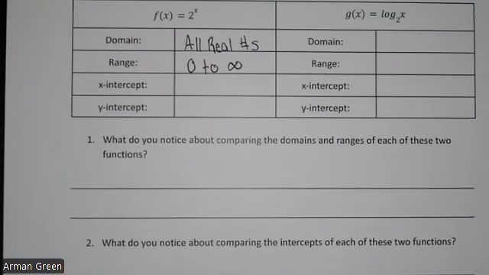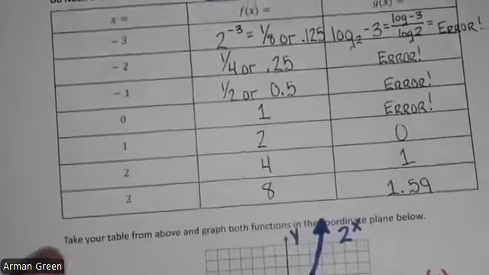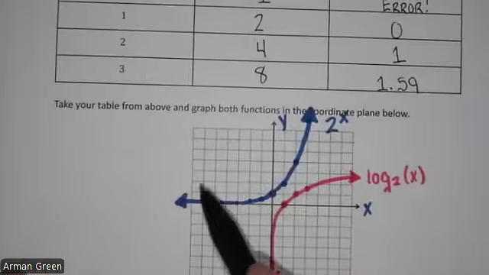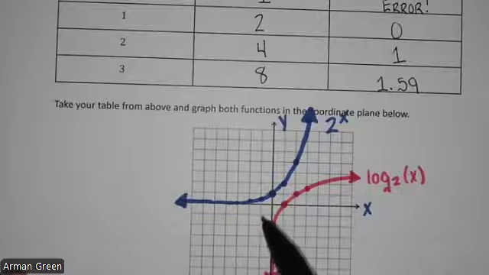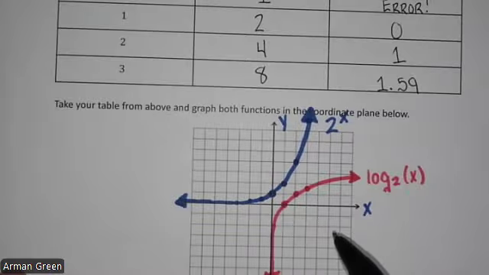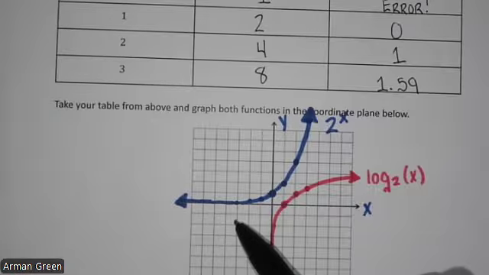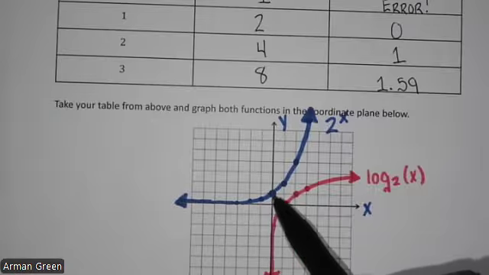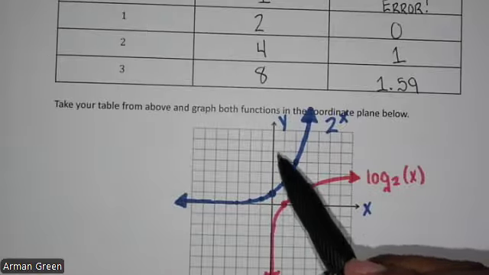Now, when we talk about the x and the y-intercept, we're looking at where exactly the function touches the x-axis and where it touches the y-axis. If we look at the graphs again, the blue graph is never going to touch the x-axis. So for that reason, it is not going to have an x-intercept. But on the other hand, we do touch the y-axis.